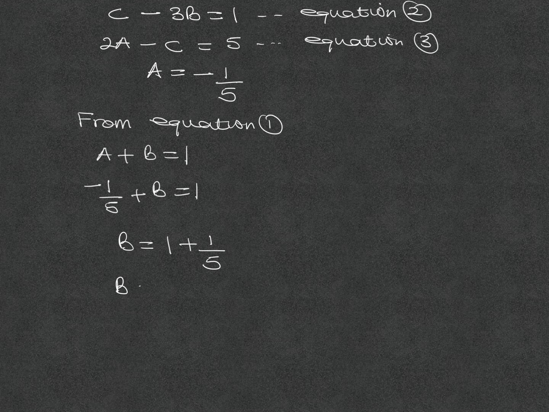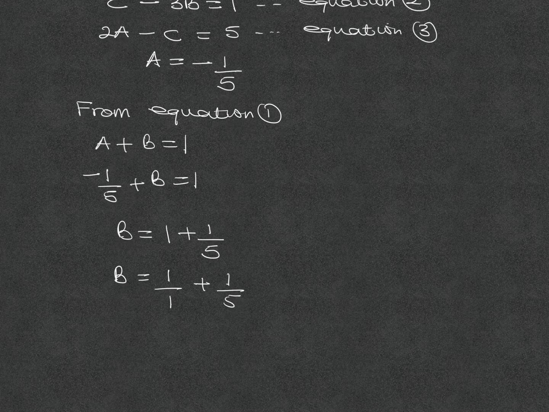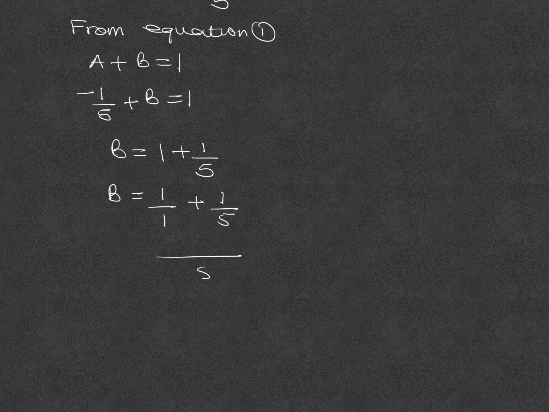If we find the LCM, it is 5. 1 into 5 is 5 times 1 is 5, plus 5 into 5 is 1, 1 times 1 is 1. So b will be equal to 6 over 5.